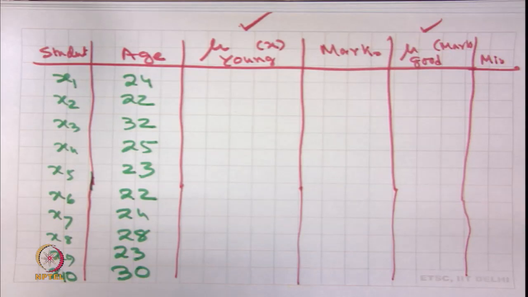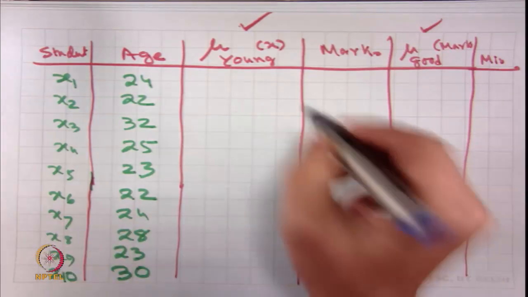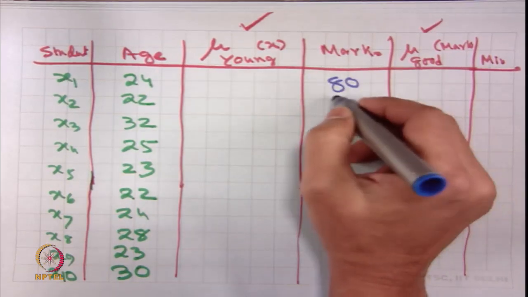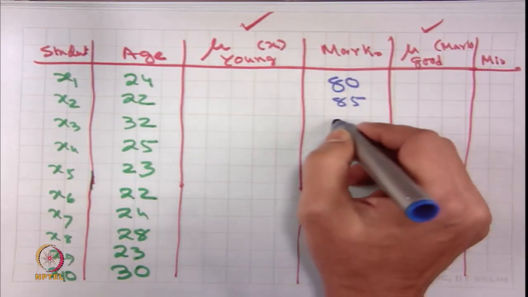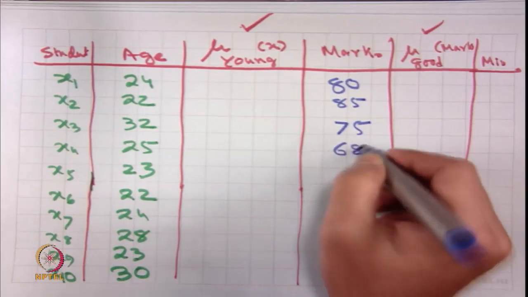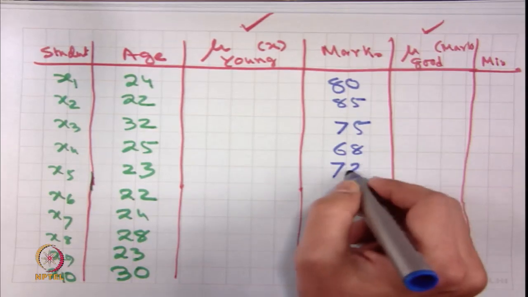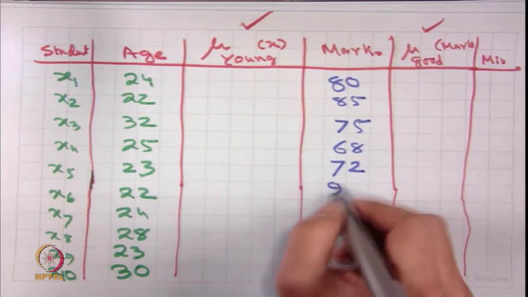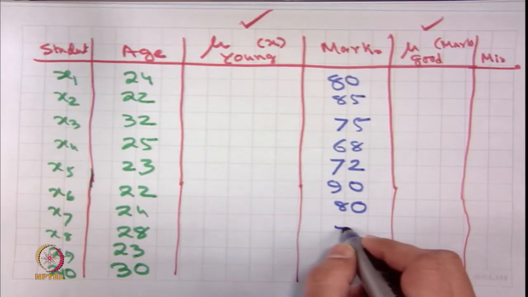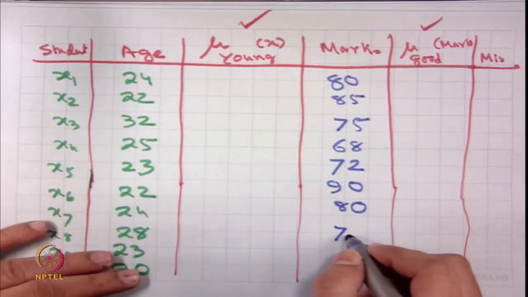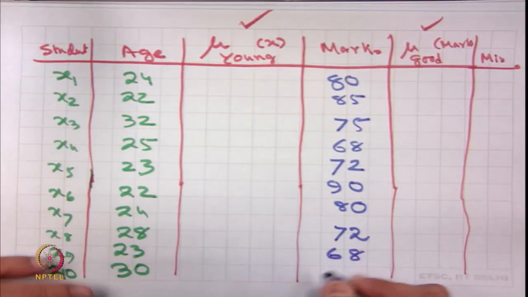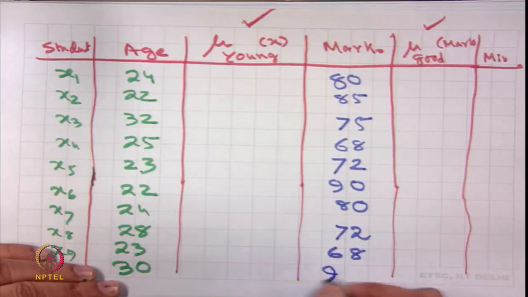And suppose the marks obtained by them are 80, 85, 75, 68, 72, 90, 80, 72, 68 and 90.